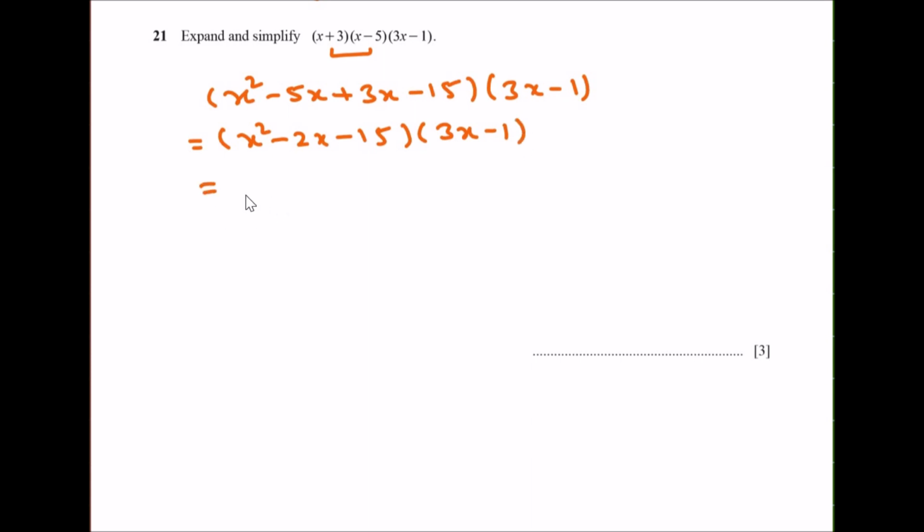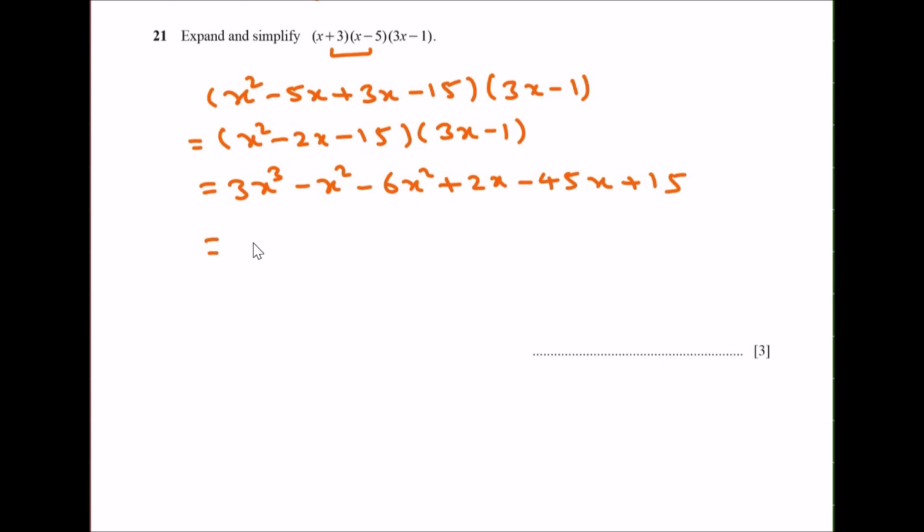Now we need to expand these two brackets. So we get 3x cube, x square multiplied with 3x gives us 3x cube. Then x square into minus 1 gives us minus x square. Then comes minus 2x into 3x is minus 6x square, minus 2x into minus 1 is plus 2x. Now minus 15 into 3x is minus 45x, and minus 15 into minus 1 is plus 15.